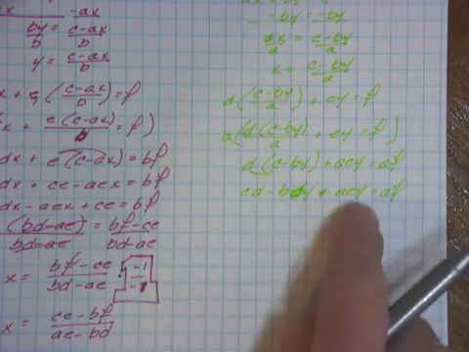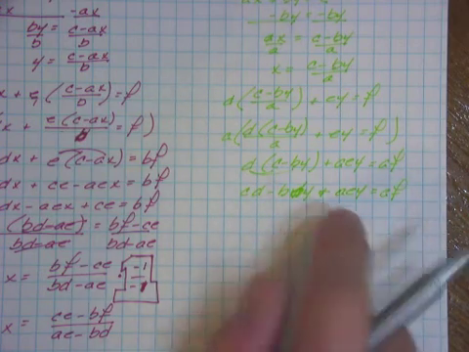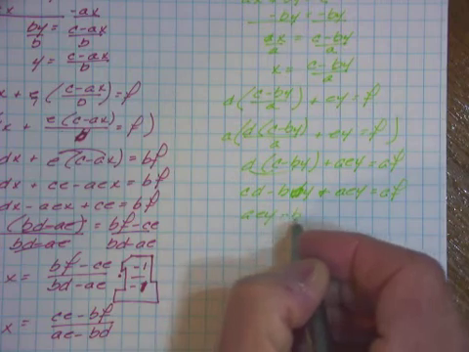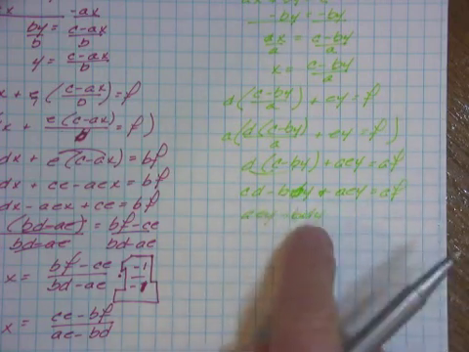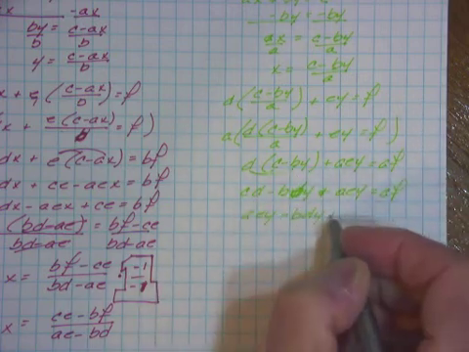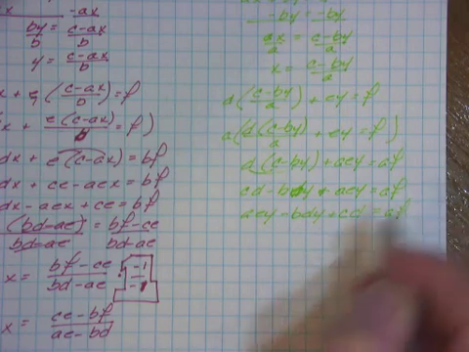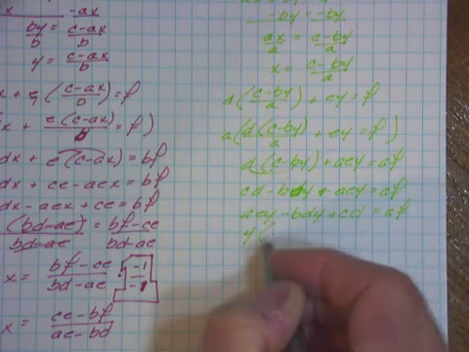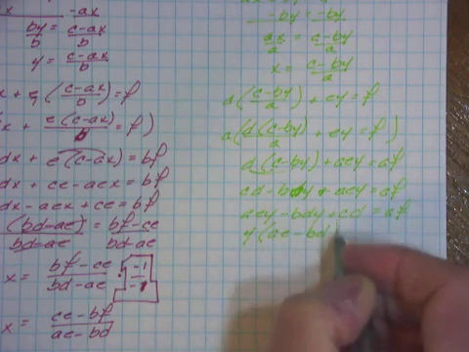All right, now we've got cd. What I want to do is rearrange the terms here. So I'm going to put it as aey minus bdy. I took this term, put it in front, then the middle term, and I'm going to put the plus cd there, equals af.